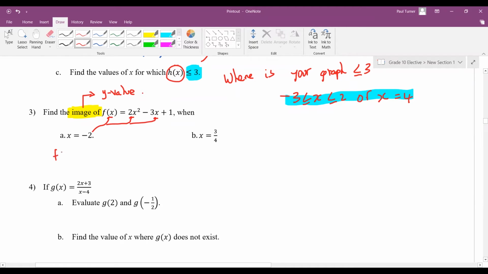So you'll get f(-2) equals 2(-2) squared minus 3 times -2 plus 1. And that will be your answer. This is your image here, your y value. So it's basically what is y when x equals -2.